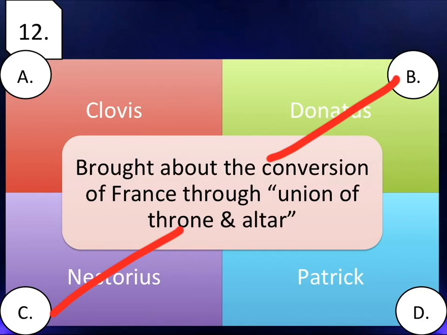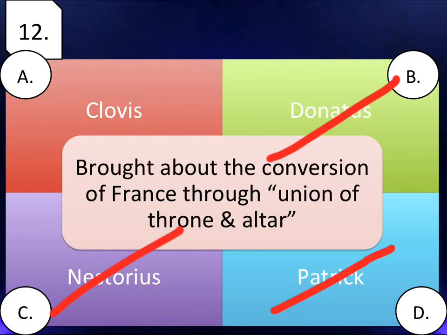And I told you this question is actually fairly easy if you just do process of elimination. Nor is it Patrick. Patrick did bring about the conversion of Ireland through the union of throne and altar. Now, Patrick wasn't a king, but he definitely went to the kings, to the chiefs, to the leaders, and was very persuasive with them, which is partially how he brought about the conversion of the entire country.